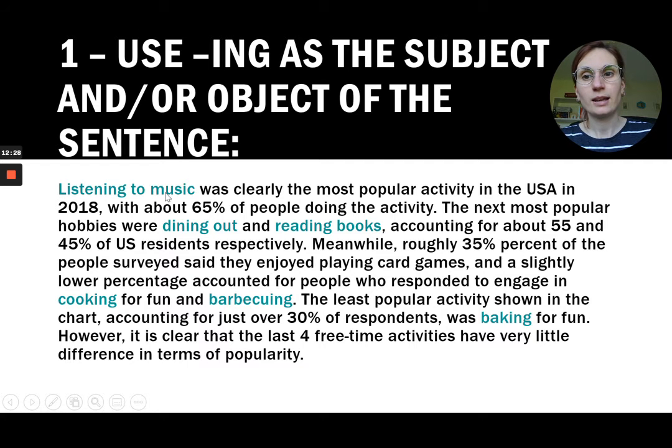So instead of saying people listen to music, I can say listening to music was a popular activity. I can use them as the subject or the object of the sentence. That makes it less personal, and it's more appropriate for an essay.